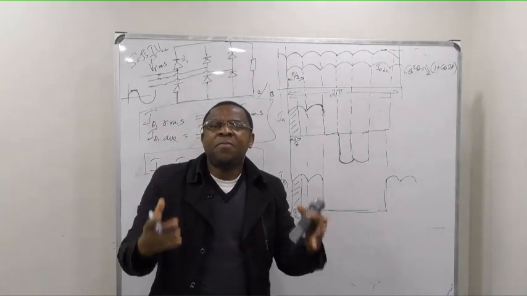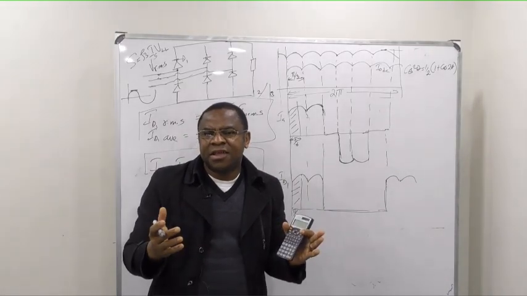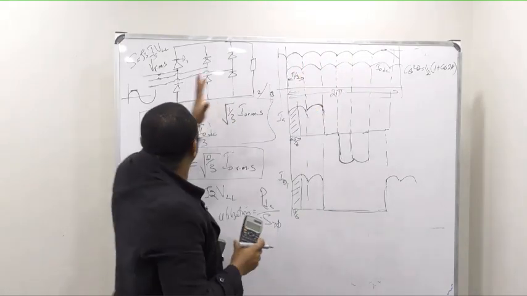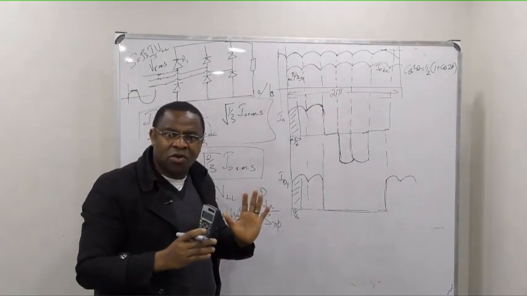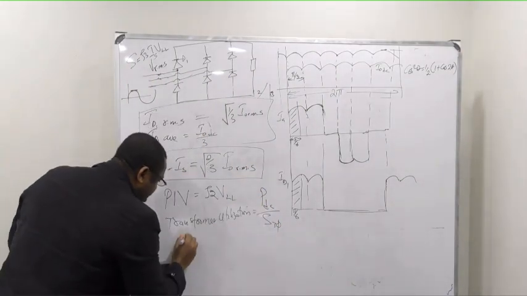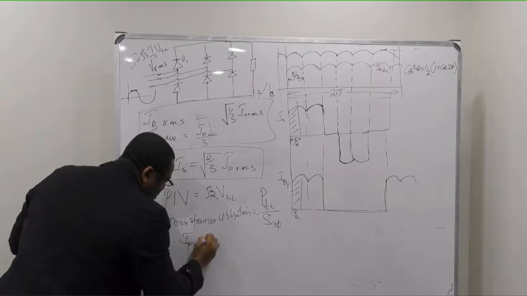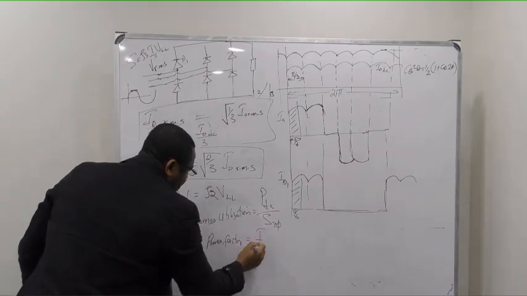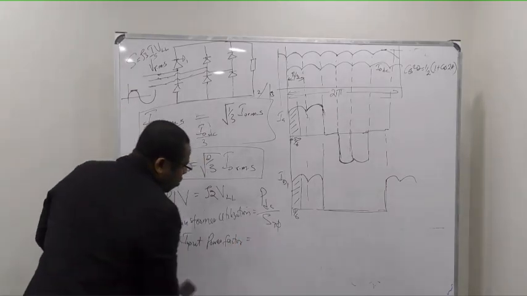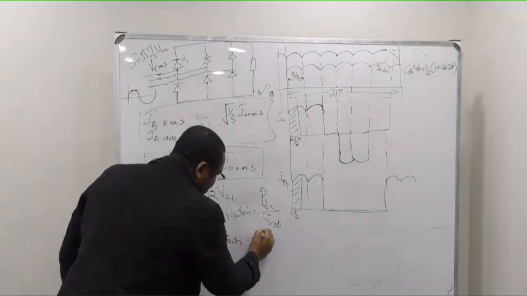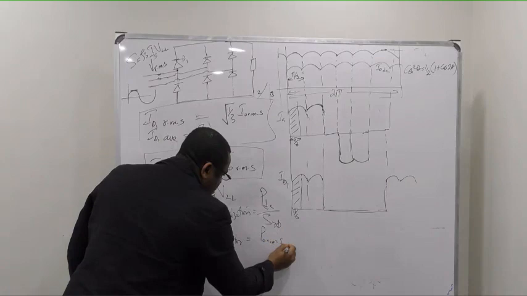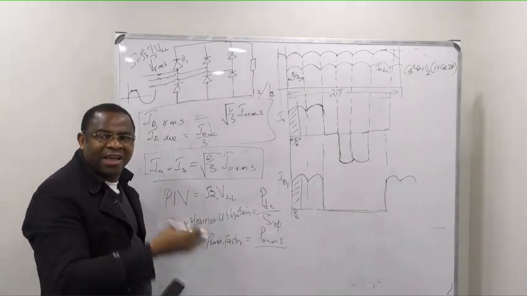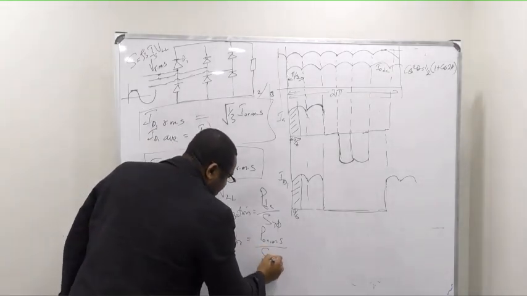And then we also have the input power factor. If I take PO RMS and divide by P in, which in this case is the apparent power S in on the three-phase, that is what we call the input power factor.